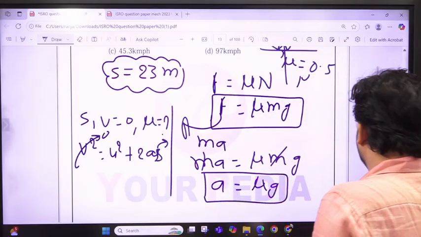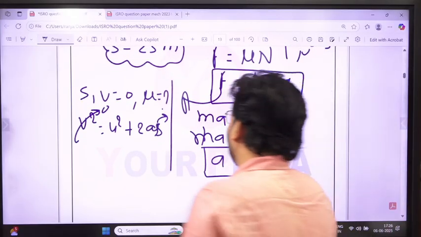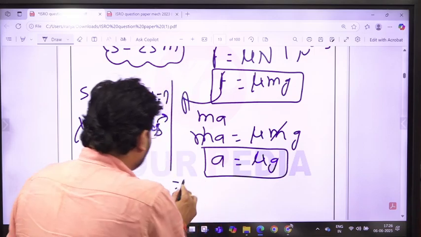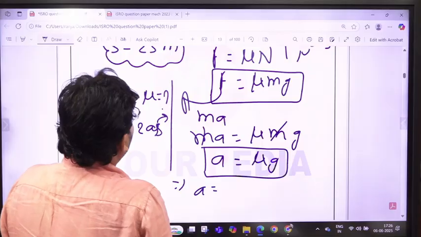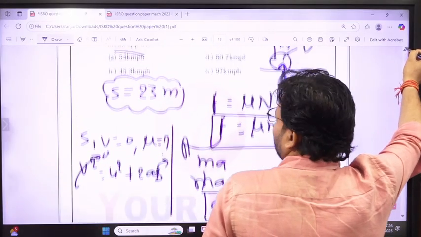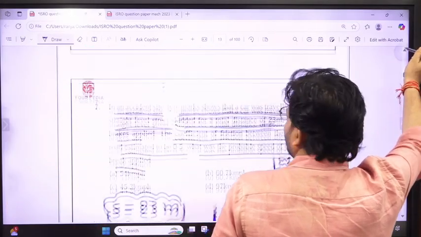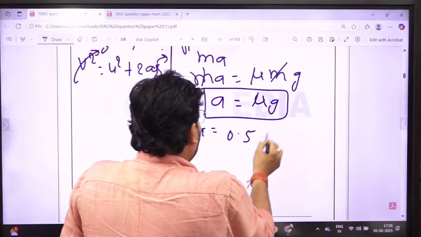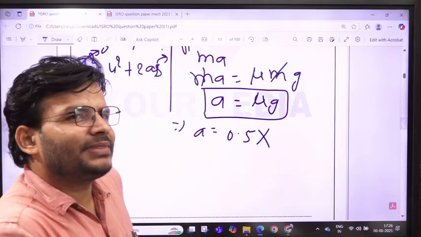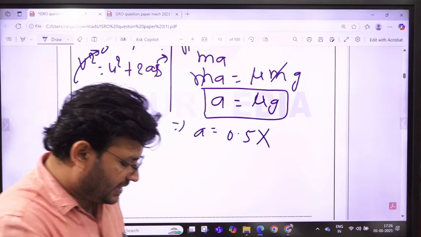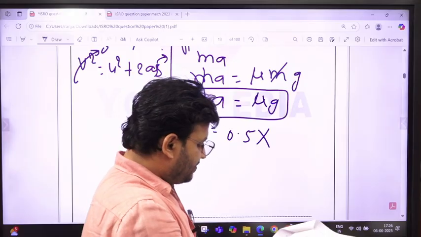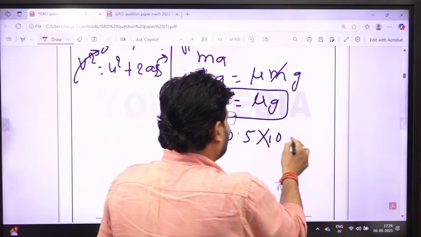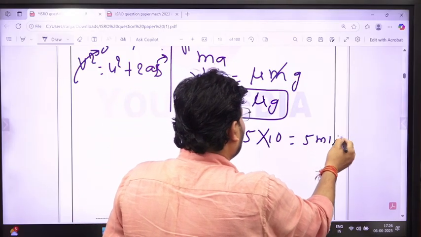Now just put the values. a will be equal to mu times g. Mu was 0.5, and in your exam, since a calculator is not there, you can use g as 10. So it comes out to be 5 meter per second square.